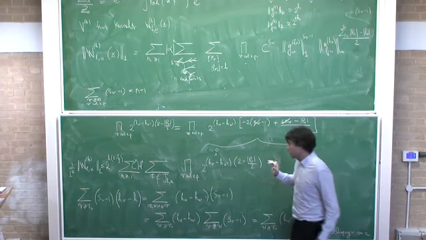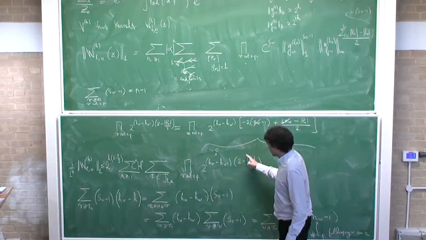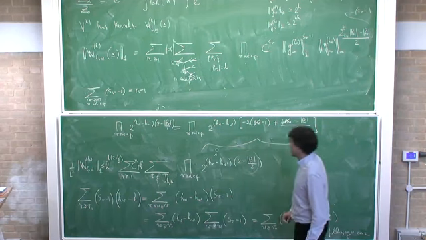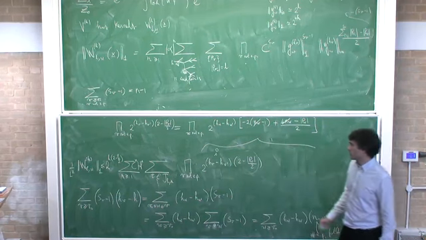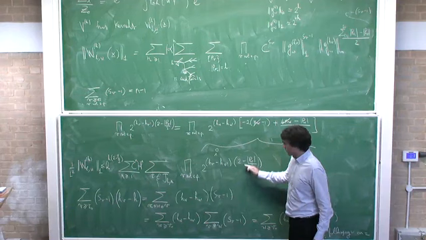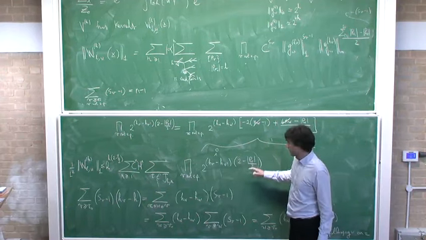Okay, so let me just conclude with the key thing for next time. You see now that in terms of the scaling dimension, you can really recognize what are the potentially dangerous terms and the terms that are fine.